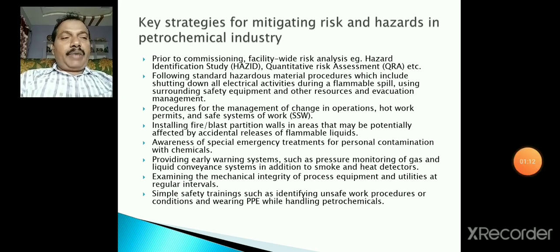Such parameters we have to get, and this will decrease the chances of hazardous conditions.